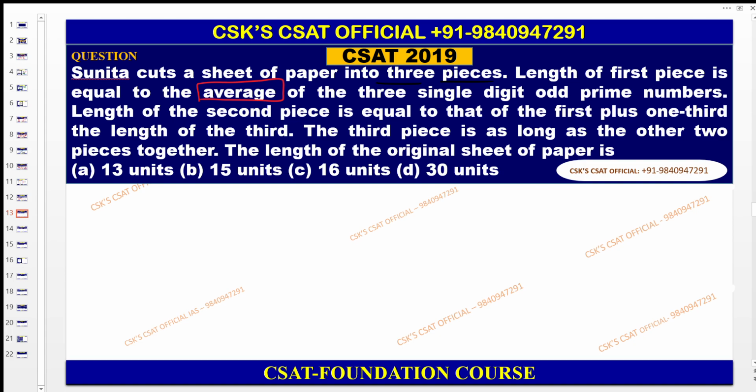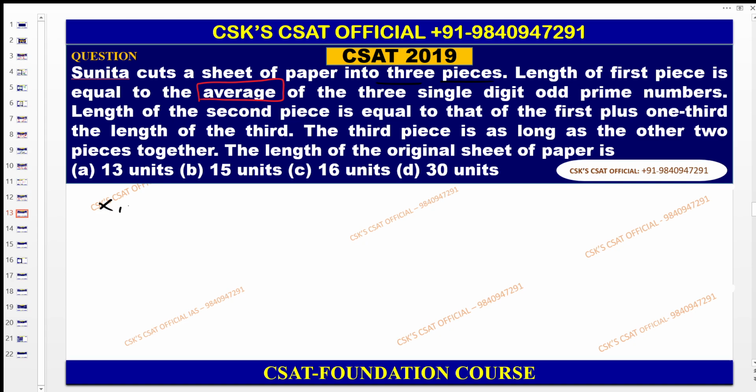The length of the first piece is equal to the average of the three single digit odd prime numbers. The length of the second piece is equal to that of the first plus 1/3 of the length of the third. The third piece is as long as the other two pieces together. Find the length of the original sheet of paper. Simple. We need to find out the length of the original sheet of paper.